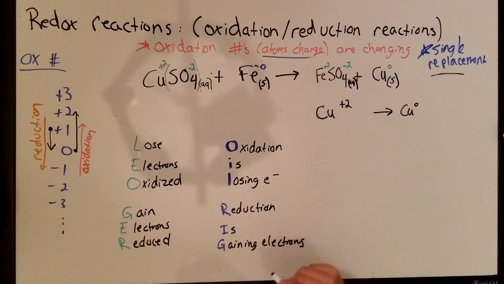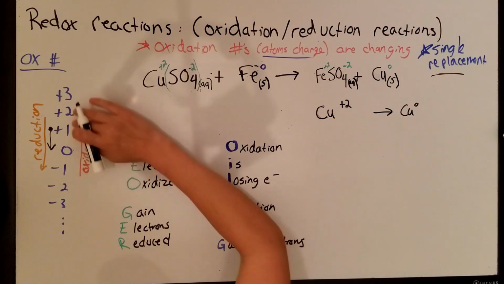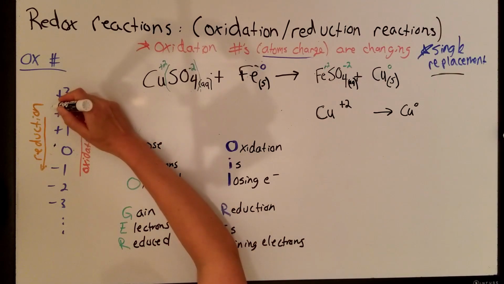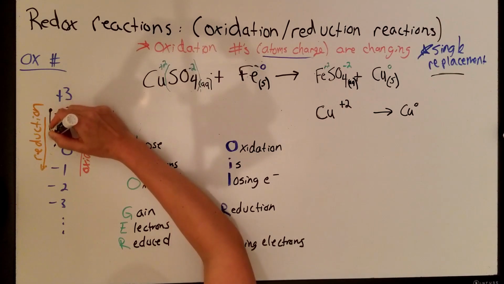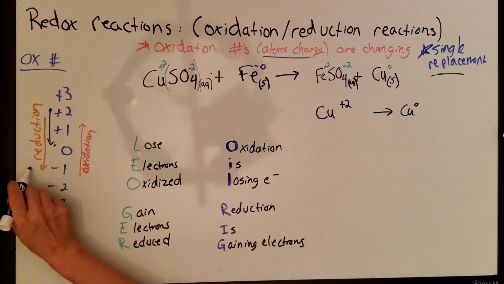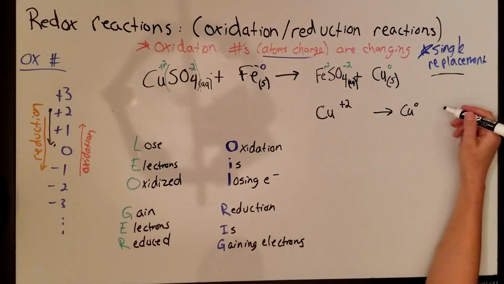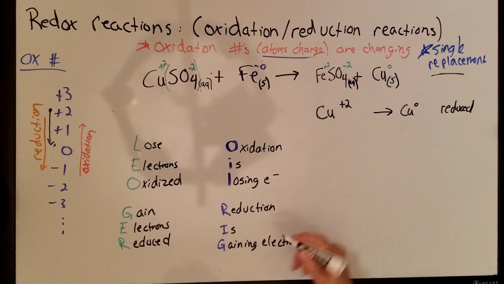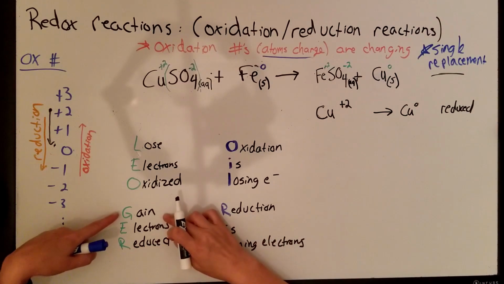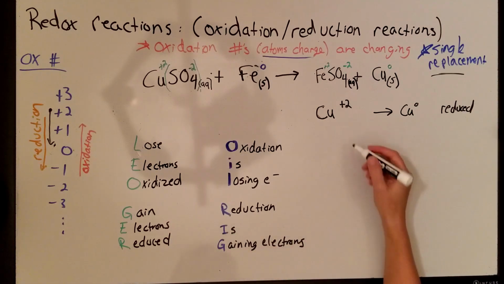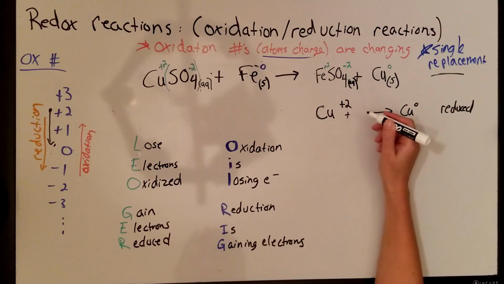So what's happening to copper? Copper is going from a +2 downward to a 0. So it is being reduced because it's going in the downward direction. Being reduced means it's gaining electrons. How many electrons is it gaining?